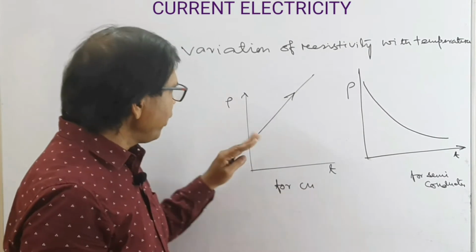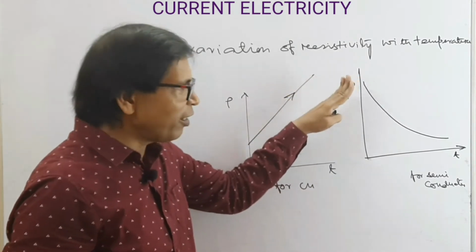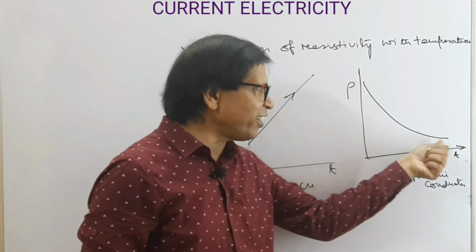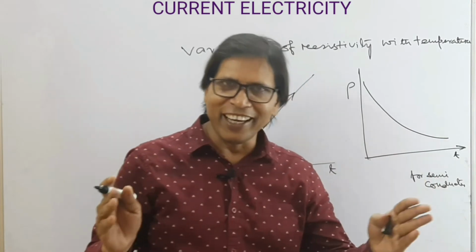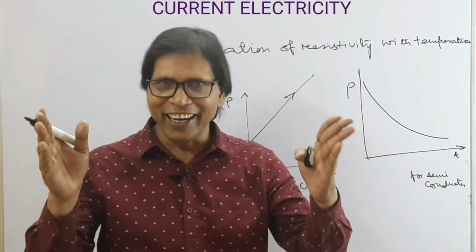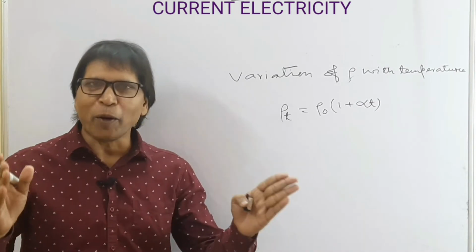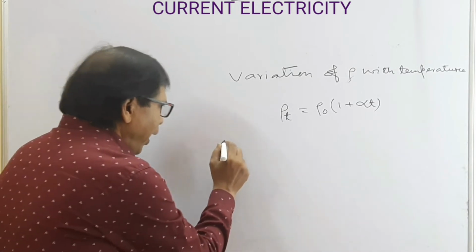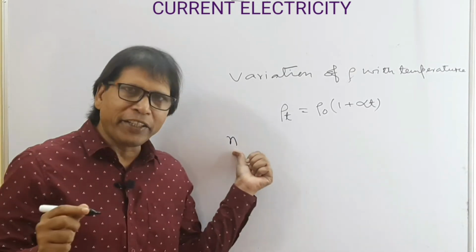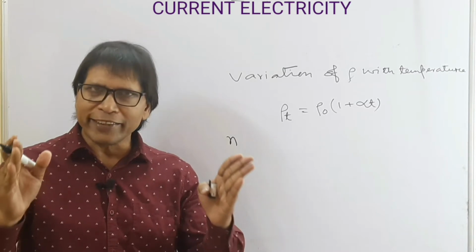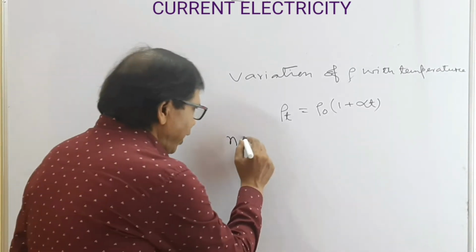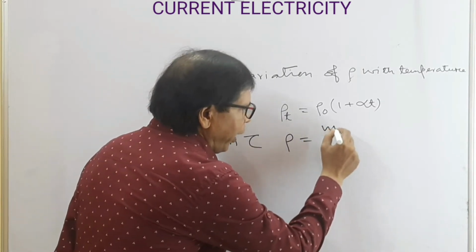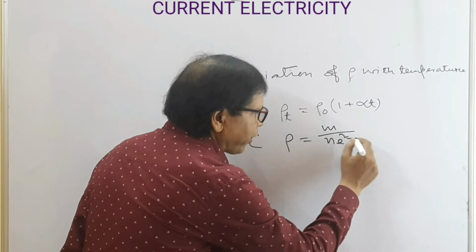Look at this, for copper, the rho t graph is a straight line, but for a semiconductor, the rho t graph decreases with rise of temperature. Okay, understood? Now next, variation of resistivity with temperature. Suppose a conductor has number density of free electrons n and relaxation time tau, then resistivity rho equals m divided by n e squared tau.